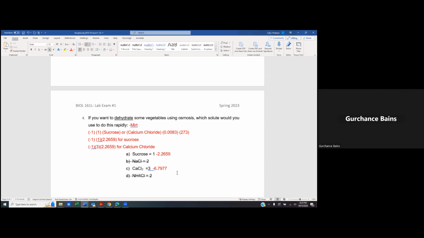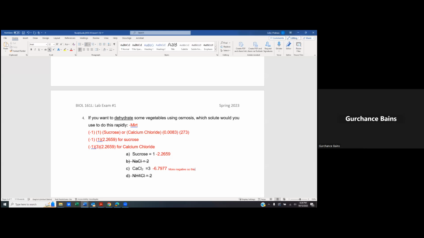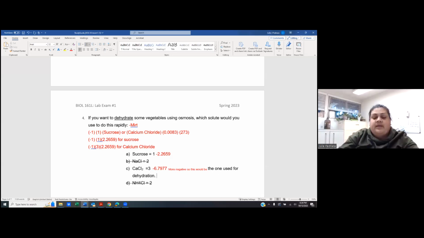Calcium chloride. Correct. Why? It's more negative, so water's going to want to go there. Correct. Okay, does everyone get that?